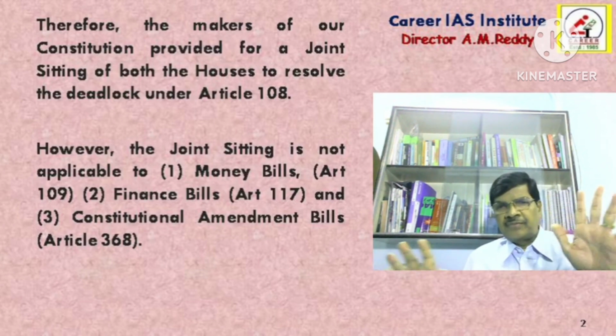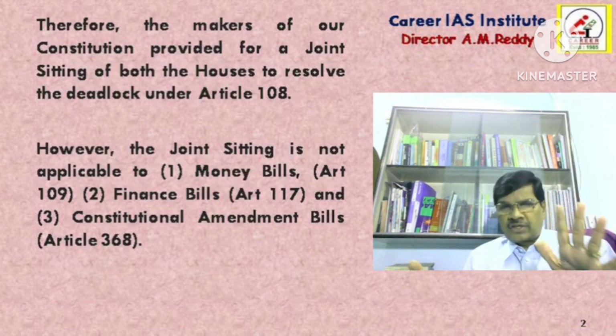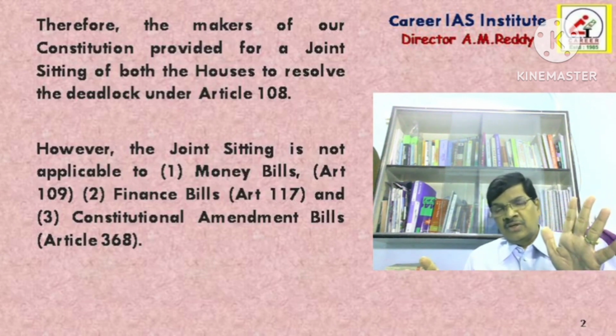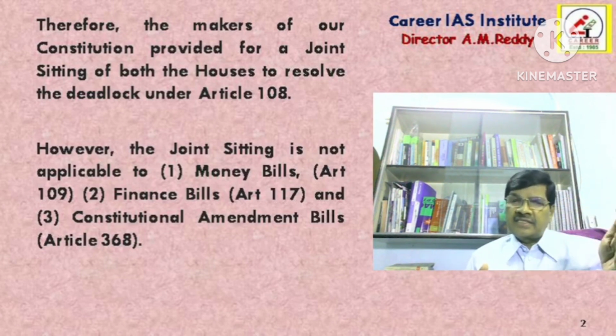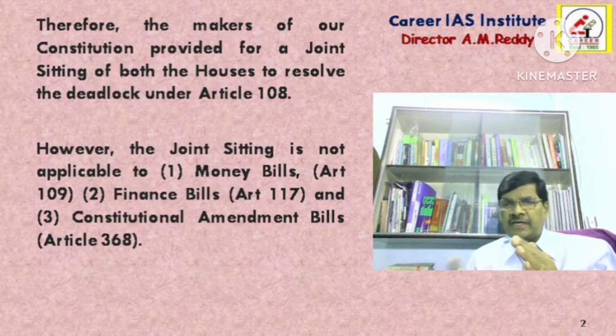There ends the matter. He will not address both the houses of Parliament. So the President can address both the houses under Article 87, whereas Article 108 is simply a summons for a joint sitting of both the houses, but he won't come to Parliament to address the members sitting together. So that is the difference.